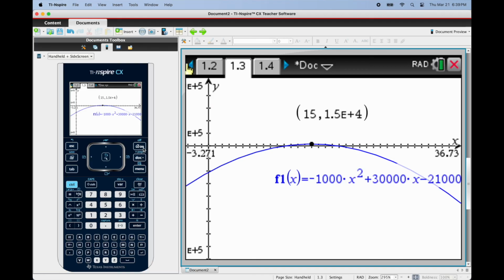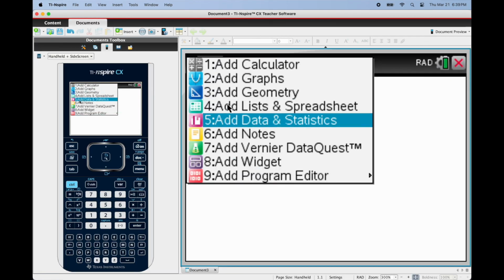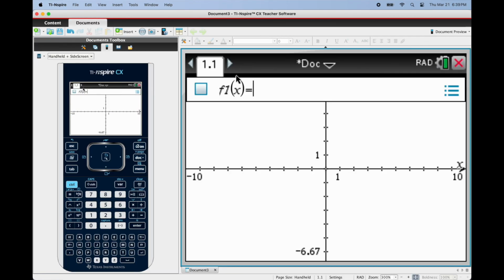Okay, going to get a new screen. Let's go into add graphs. I was almost tempted to use the original one just to see if it would work. Actually, we did all that expansion, so let's go back.